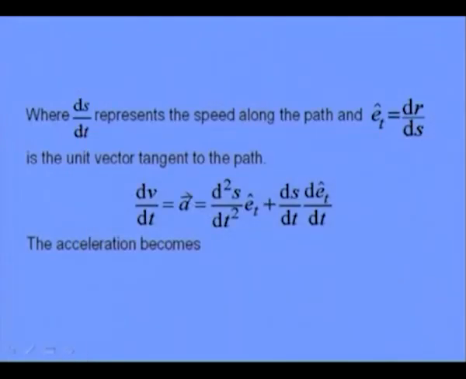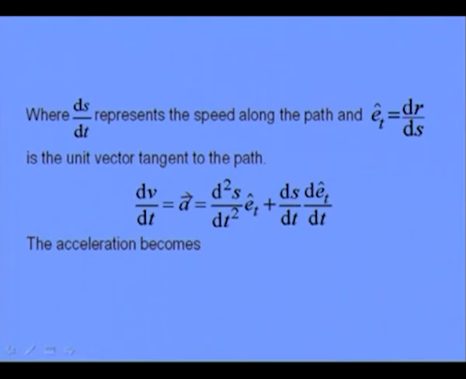So, if you differentiate, then dv by dt is equal to a, which is equal to d square s by dt square et, where we apply the product rule for differentiation. First differentiate this one, then differentiate this et with respect to time. So you get another term, ds by dt det by dt.